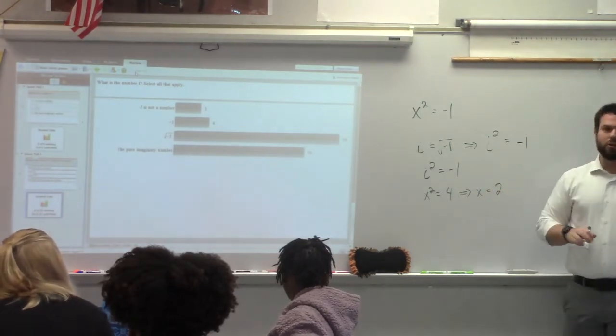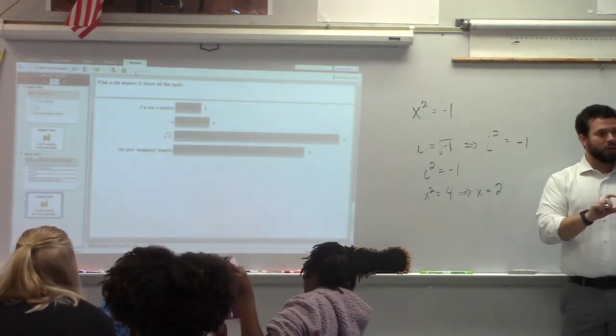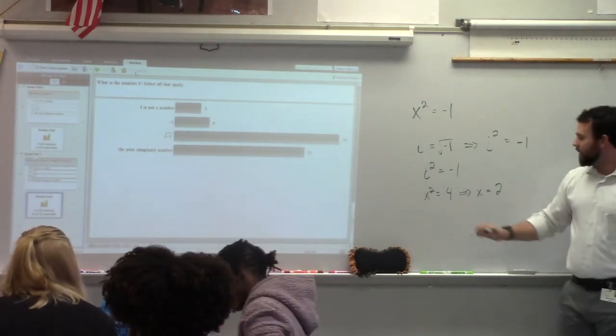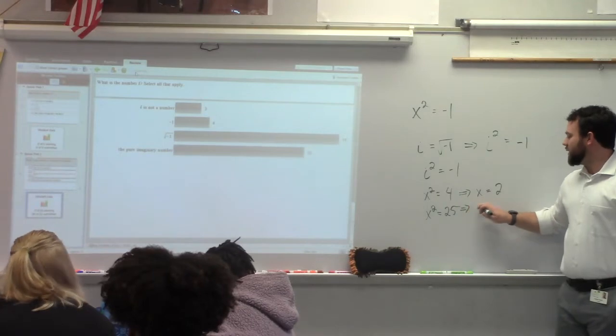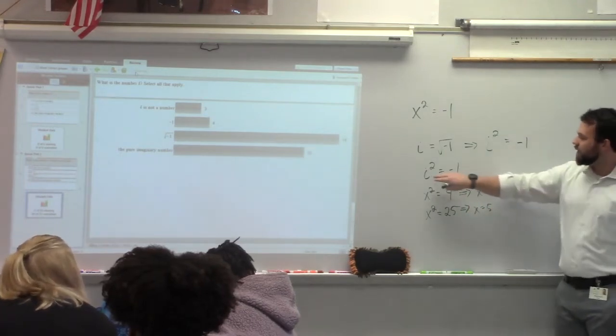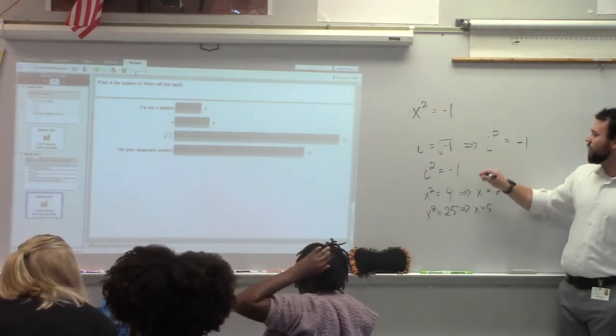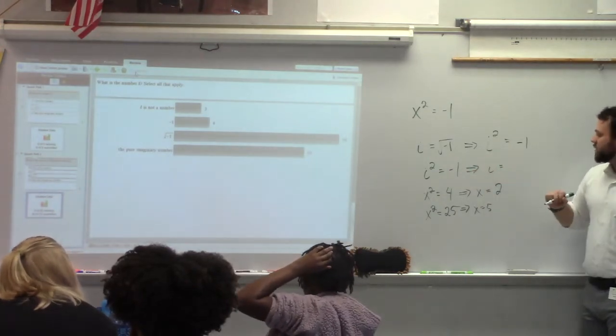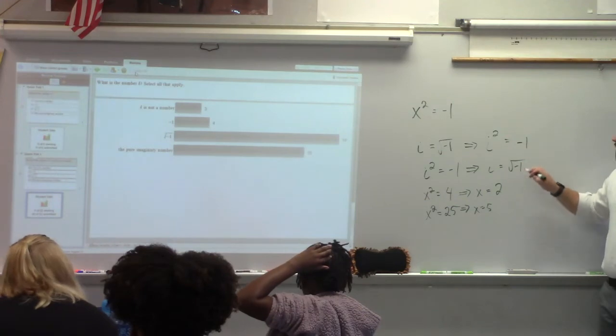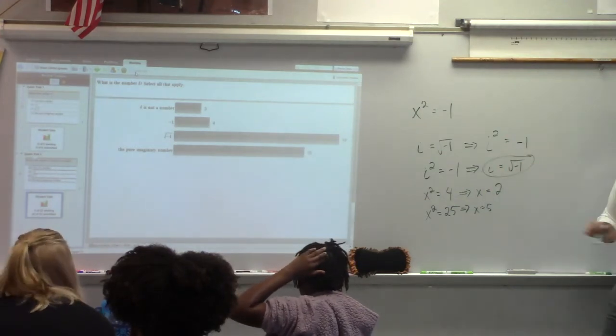That number could be 2 or it could be -2. We're going to focus on just the 2. If a number squared is 25, then what is that number? 5. So if a number squared is -1, then that number is the square root of -1. That's how we're getting i.